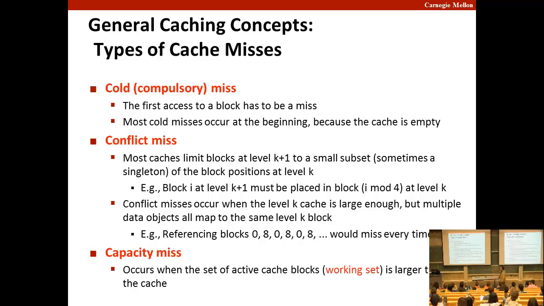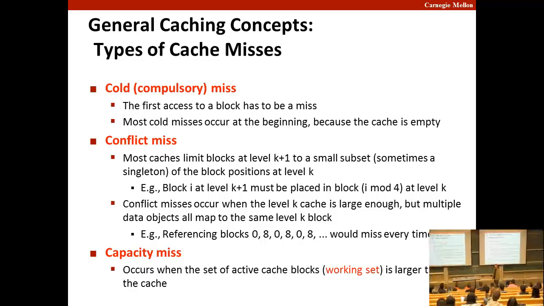Okay. Now, we understand cold misses. We understand capacity misses. Now let's talk about conflict misses. The conflict miss occurs when our cache size is greater than or equal to the size of our working set. So it is possible to keep our working set in cache.